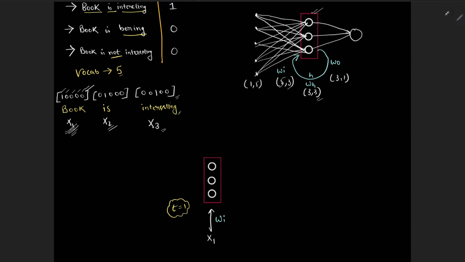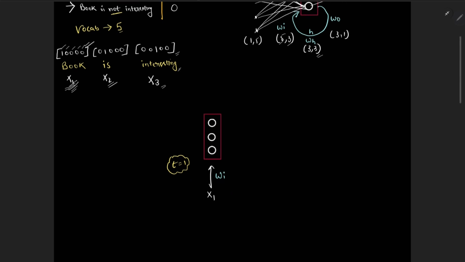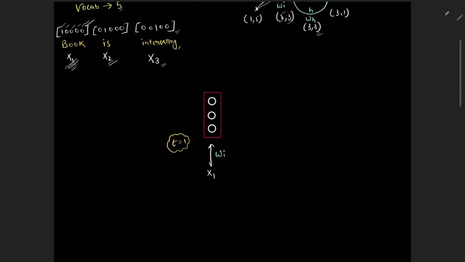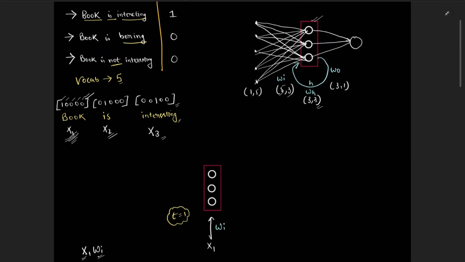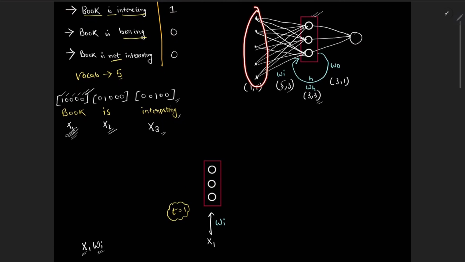So mathematically, let me show you what we are going to do with this wi. We are going to multiply this x1 with wi. That is, we are going to do a dot product of the input with wi, which is the weighted input. In this step, this is the input, this is the weight.